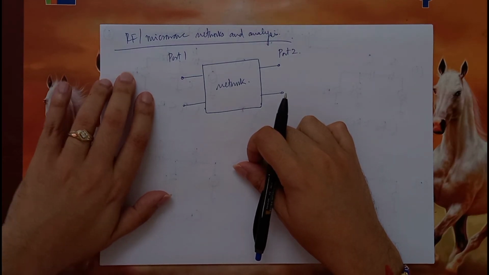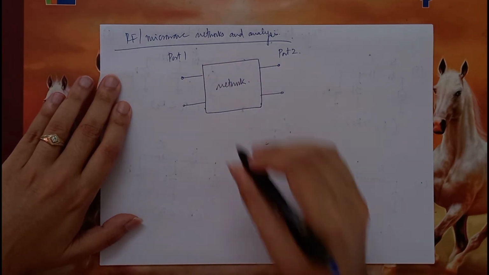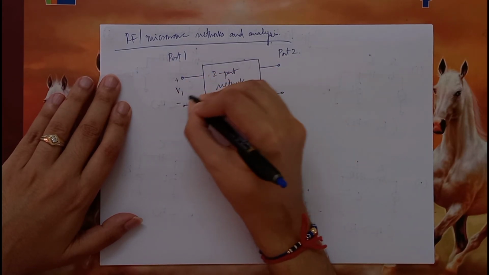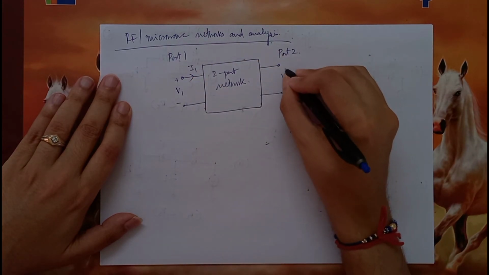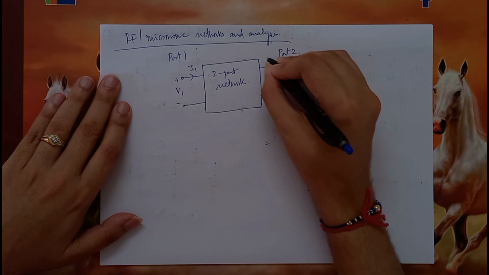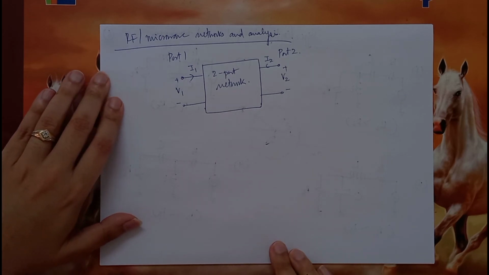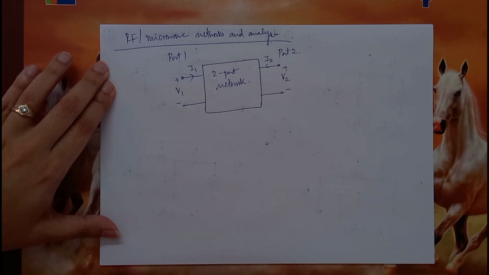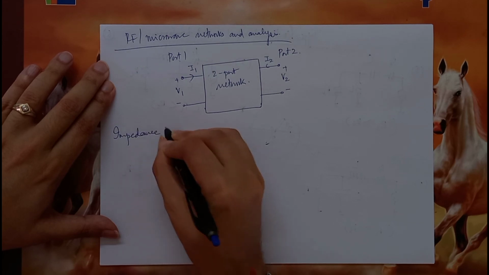So some of these parameters you are already familiar with. If I have a two-port network, let us say the voltage at port 1 is V1 and the current that is entering is I1. Over here you have V2 and I2 that's entering. So you already know some of the parameters which are very easy to work with, especially at low frequencies. One is called the impedance parameters or Z parameters.